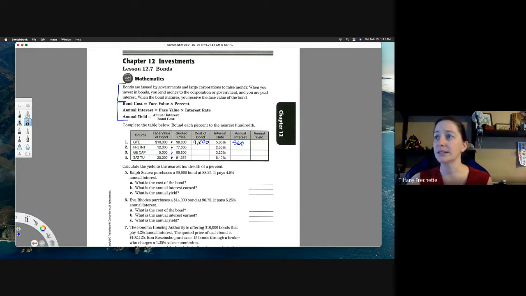The annual yield, we take the annual interest we just calculated, the 560, and we're going to divide by the bond cost. So remember, that's the first thing you calculate here, the bond cost. So we're going to take 560, and we're going to divide by 9,800, and you actually get a very long decimal here, and I'm going to write it up above. You get this longer decimal.